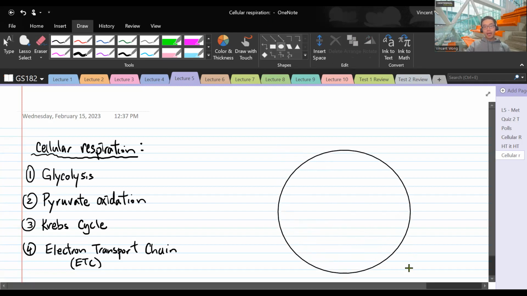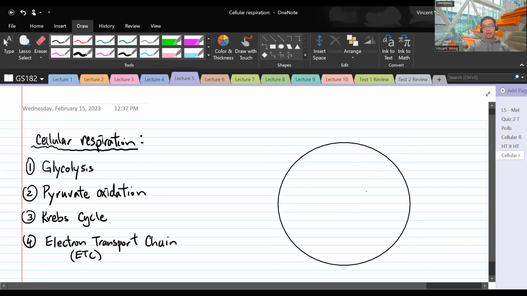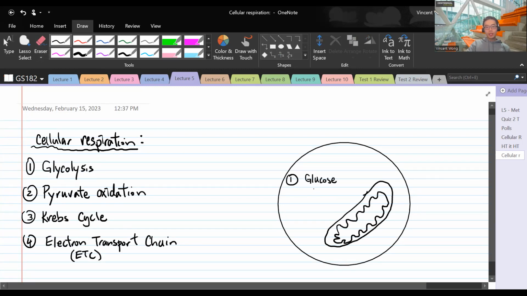So let's take a look at where they happen. This is our cell, and I'm just going to draw a really big mitochondria here. It's not to scale. And I'm drawing the cristae right now. So glycolysis, the first step in cellular respiration, is going to take place here in the cytoplasm. And in a very simple sense, the glucose is going to split into 2 pyruvate.